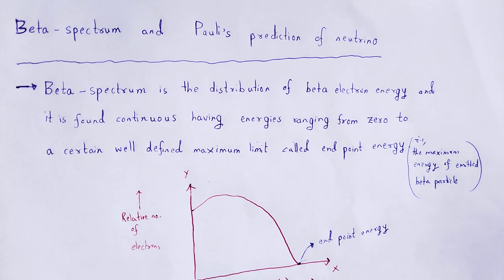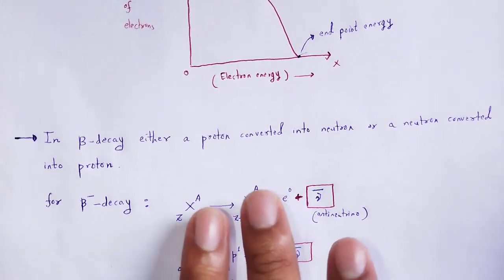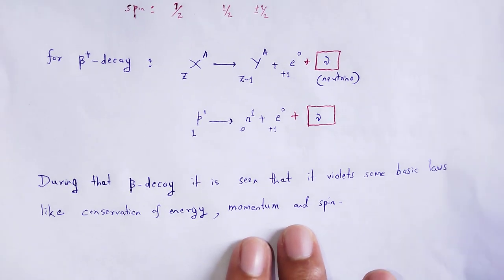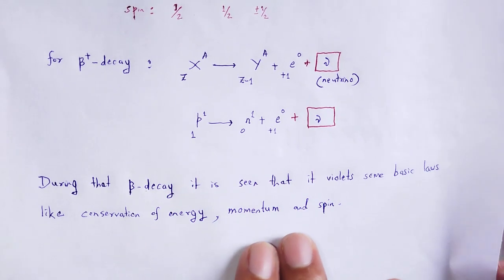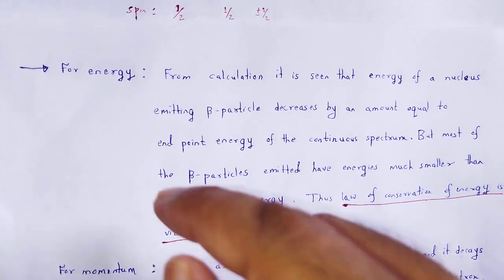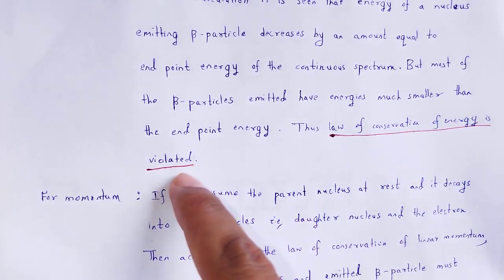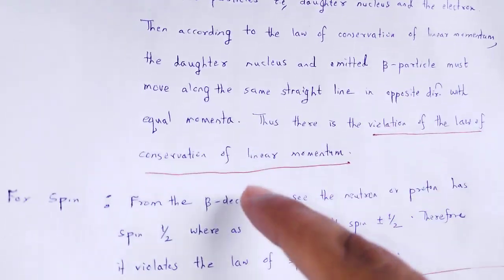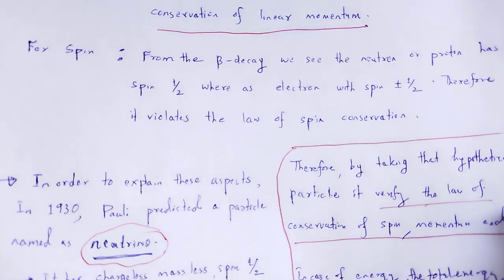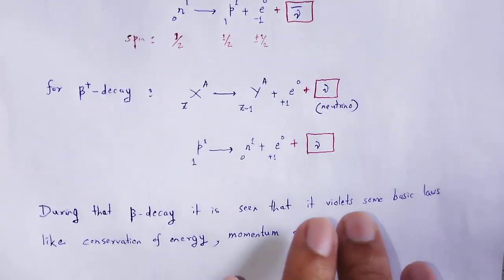So here, with the help of this video lecture, we understand the concept of beta spectrum and Pauli's prediction of neutrino. Next, during beta decay we see how these processes violate conservation of energy, momentum and spin: how energy is violated, how linear momentum is not conserved and how spin is not conserved without taking these predicted particles.